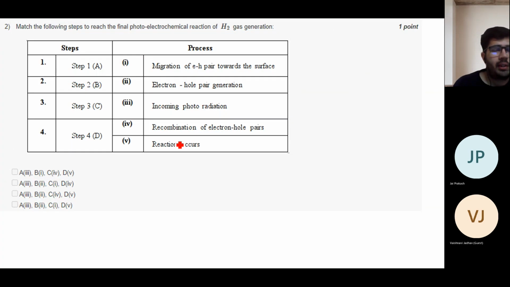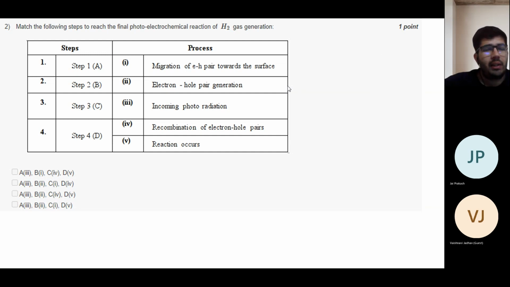The second question is to match the following steps to reach the final photoelectrochemical reaction of H2 gas generation. We have 4 steps and 4 processes, so we have to match those steps with the processes. First of all, there should be incoming photoradiation.